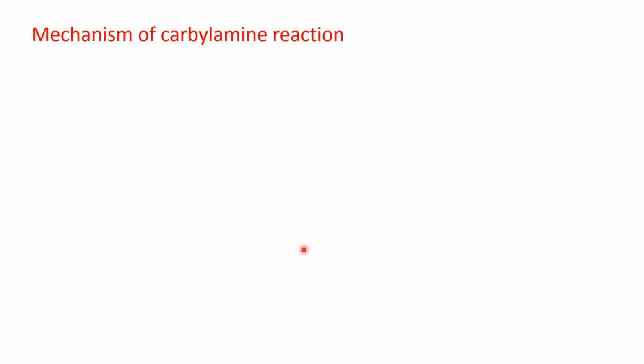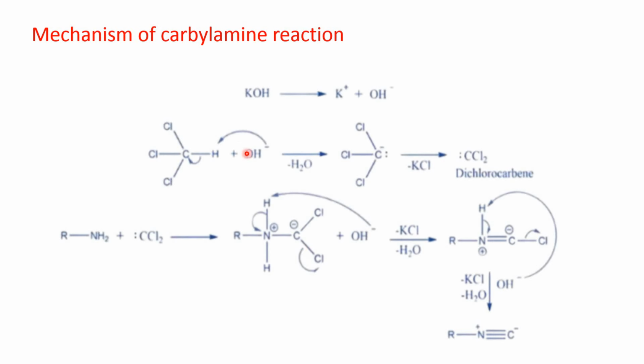Now, the mechanism of this carbylamine reaction. In the first step, we have chloroform and alkali. Alkali takes this H plus and it forms this compound, from where chloride ion is removed and dichlorocarbene is formed.